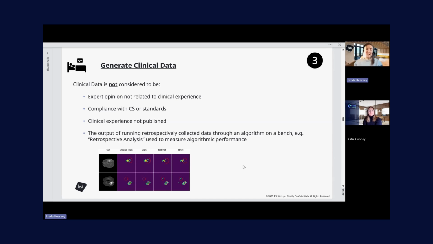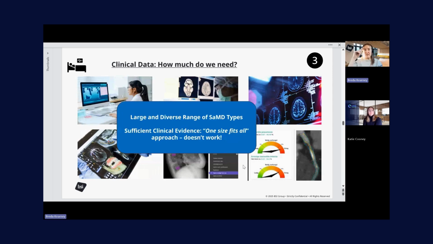It's not clinical data. All right, so pushing images through to train your algorithms and then to test your algorithms, technical performance, but it's not clinical performance. And we'll talk about that later on. I have some case study examples to show you.